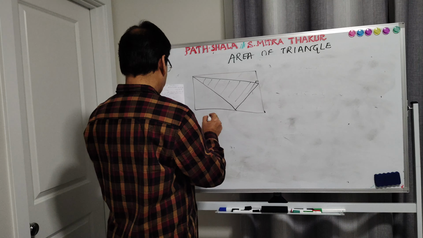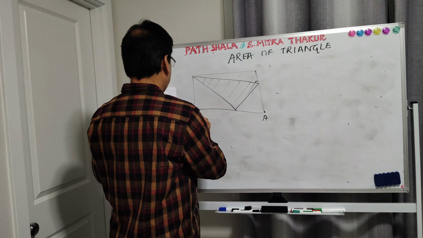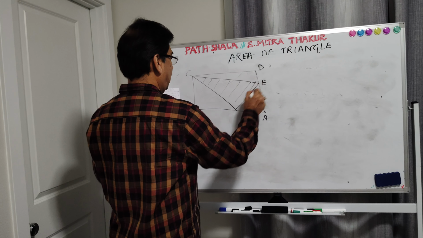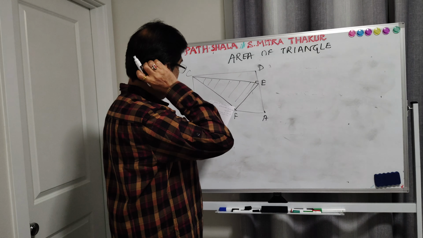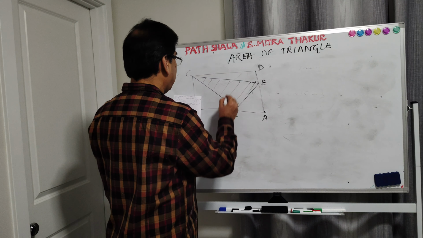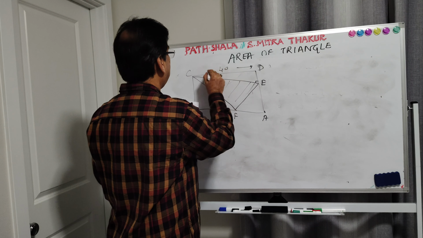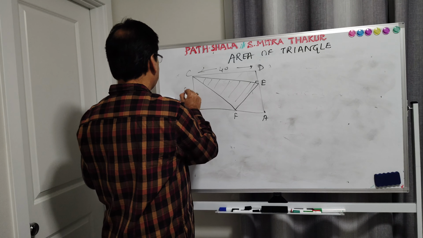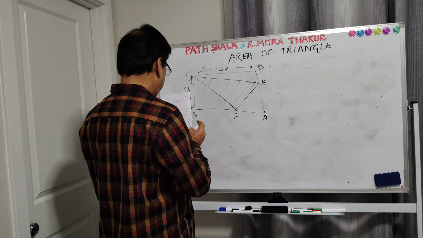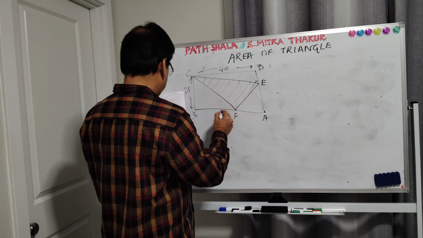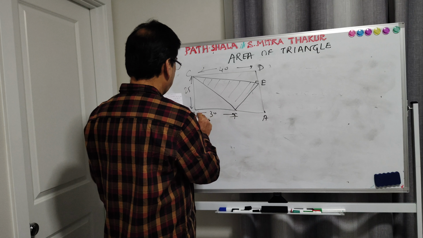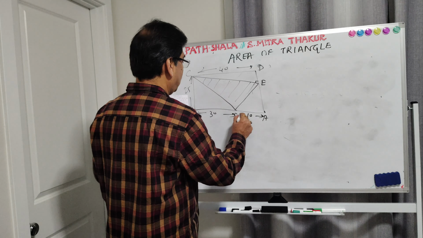A, B, C, D, E, F. Here the total is 40, and it is 25. It is 30 from this point to this point, and this is 10 from this point to this point.